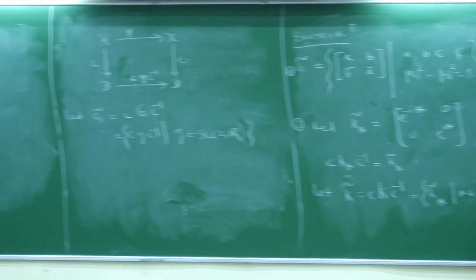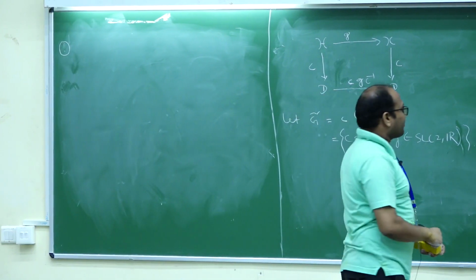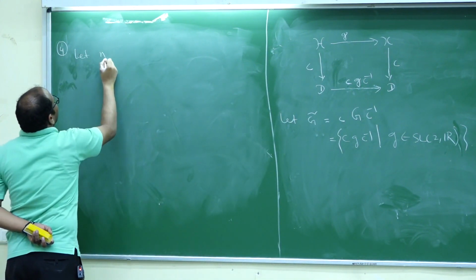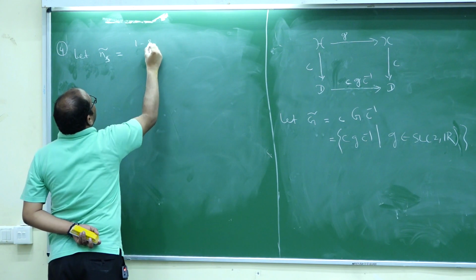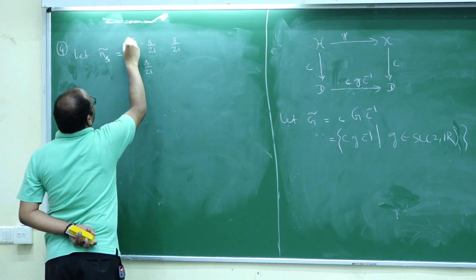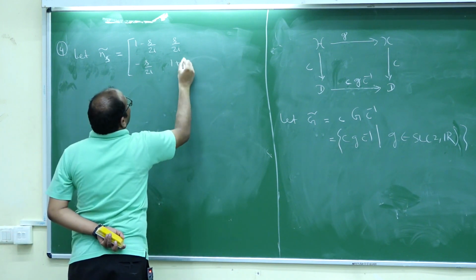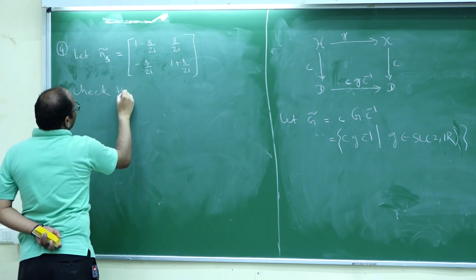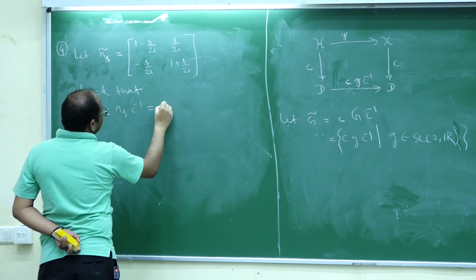Now the third thing is N. So let N tilde be the collection of this thing, 1 minus s by 2i. This thing C N_s C inverse is really N_s tilde.